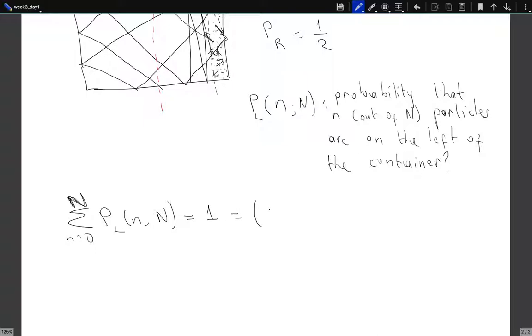Well, let me just give you a hint. The probability that one of them is on the left is 1 over 2. The probability that that same particle is not on the left is also 1 over 2. Well, in fact, we could have just started with saying the probabilities are P and Q, but the sum of the probability that the particle is either on the left or is not on the left is just 1.